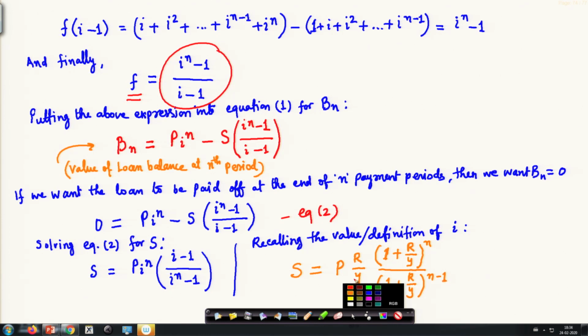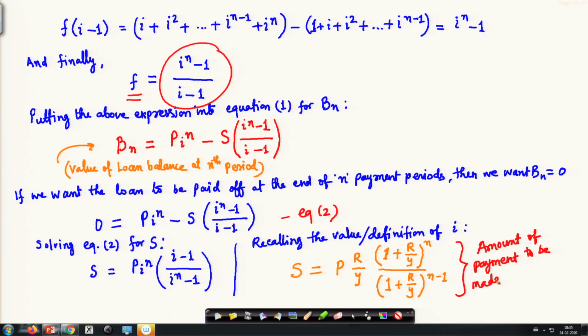This particular function basically gives the amount of payment to be made by borrowers at compounding interval.